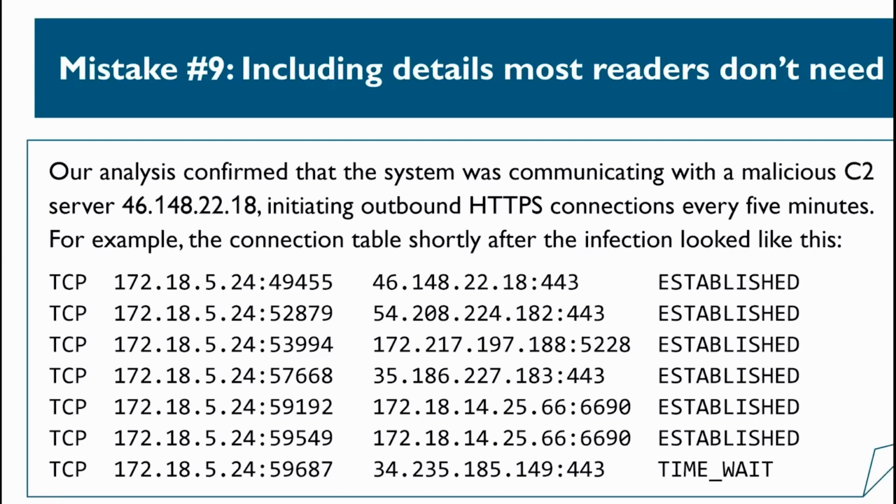So what I wanted you to see here is that there's this connection table that is related to the story that the writer is trying to tell, but they probably don't matter to most of the readers. Most of the readers in this particular case might not even know how to interpret the output of this, what looks like netstat tool. And so how would you revise this?